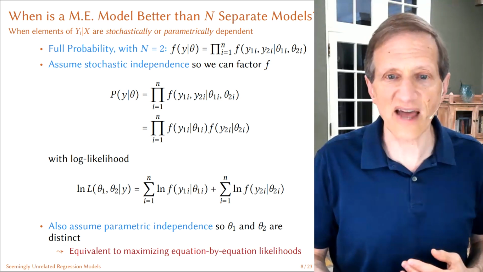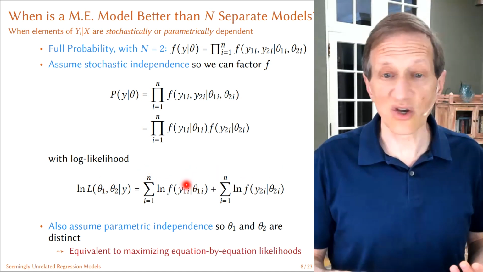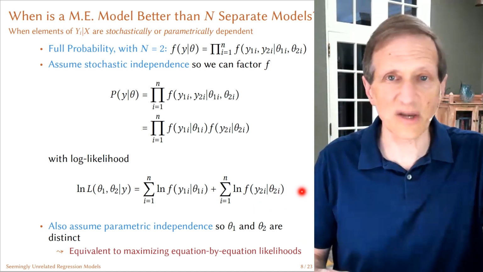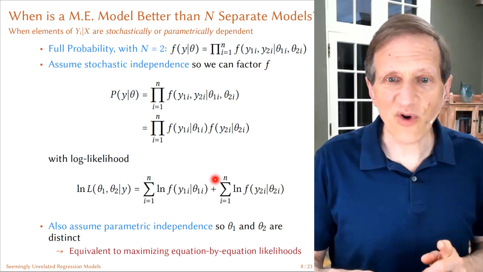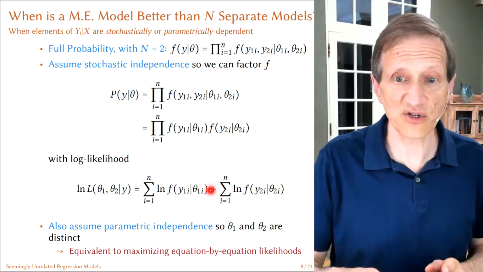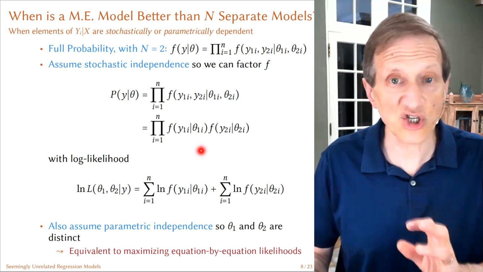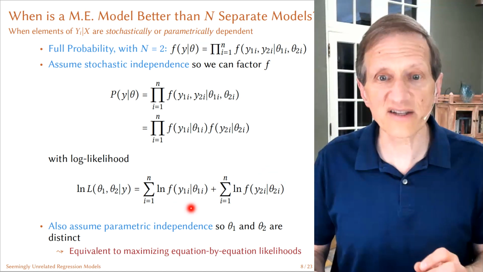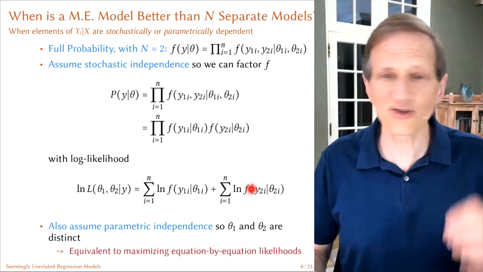And you can actually see that here. Let's look at this. We're maximizing this whole thing with respect to theta 1 and theta 2, or if you have a systematic component, you'd substitute those in and do it with respect to beta 1 and beta 2. But if these parameters are not shared, remember we factored these because of stochastic independence, so now we have these two components. If theta 1 and theta 2 don't have any shared values, then when we're trying to maximize with respect to theta 1, this whole component turns red and goes away.